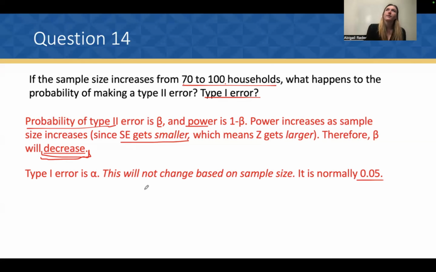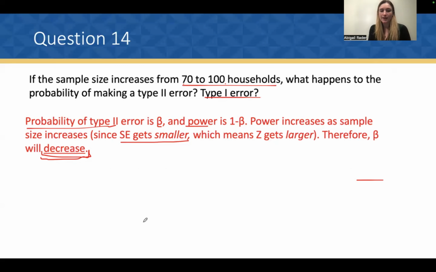The important thing I want to leave you with is that we can have a sample that is sufficiently powered, with a high enough sample size to detect a really, really small difference.